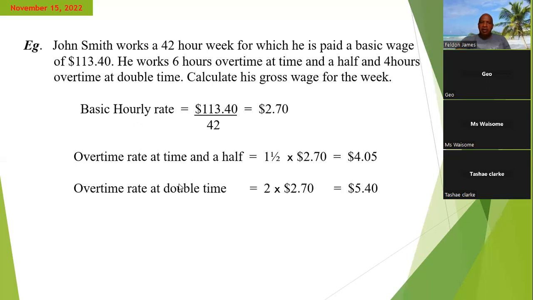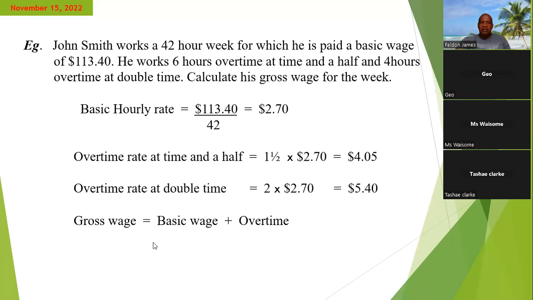The overtime rate for the double time is 2 times the hourly rate, which is $5.40. So he did 6 hours for the time and a half, so you multiply this 6 by $4.05. And then the other 4 hours, you multiply by $5.40.